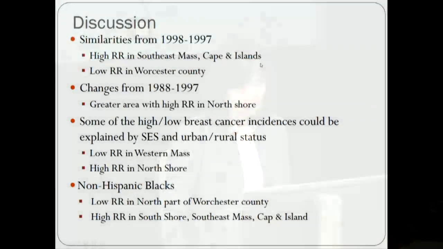The higher relative risk is in southeastern Massachusetts and the Cape Cod area, and the lower relative risk was in the Worcester County area. There is some change from earlier data to most recent data: a new area with higher relative risk in the North Shore area here.